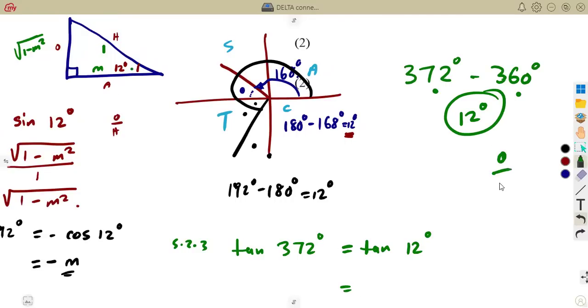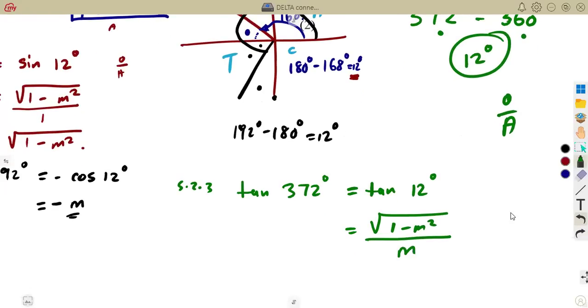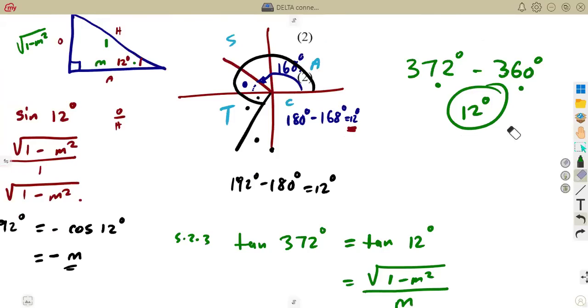Tan is opposite over adjacent. What is your opposite? Take your opposite, the square root of 1 minus m squared, over the adjacent, which is m. So everything is over m. Just like that. All right, sorry for that.